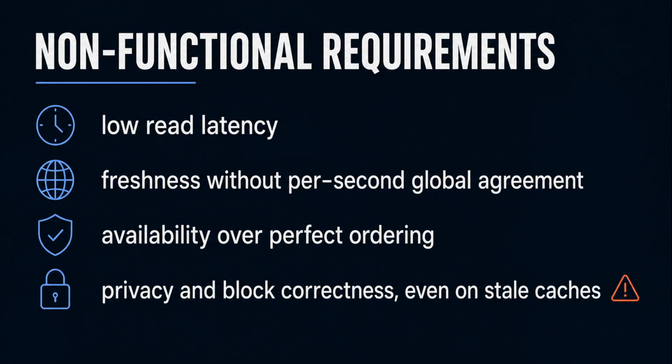Non-functional requirements next. Read latency must be low because opening the app and scrolling are the entire user experience. Freshness matters, but not every item needs to land globally in the same second. Availability beats perfect ordering. Privacy and block rules are non-negotiable, even on a stale feed. So the cache cannot be the source of truth on what someone is allowed to see.